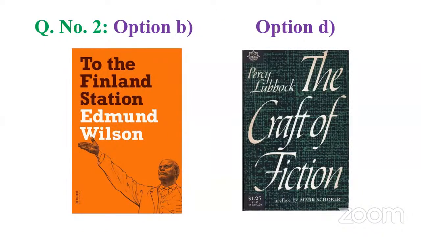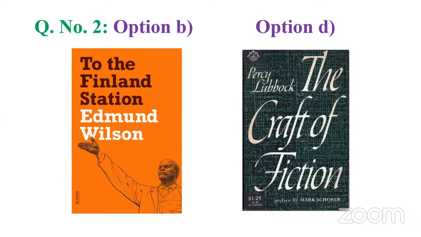Option B, we got this name, Edmund Wilson. Who was Edmund Wilson? Edmund Wilson was a Marxist critic known for his work To the Finland Station. On the other hand, you have option D, Percy Lubbock, L-U-B-B-O-C-K.